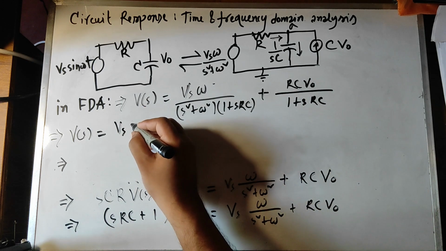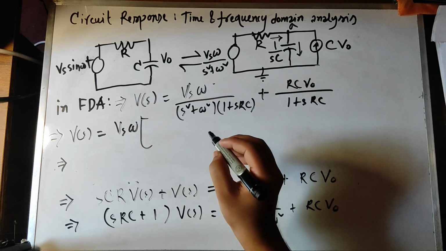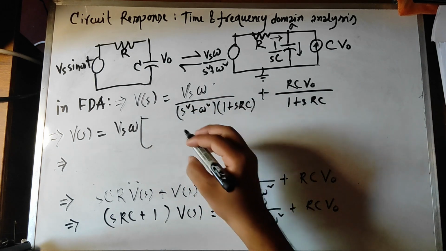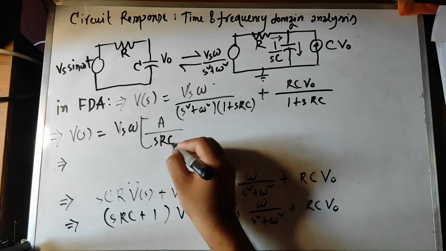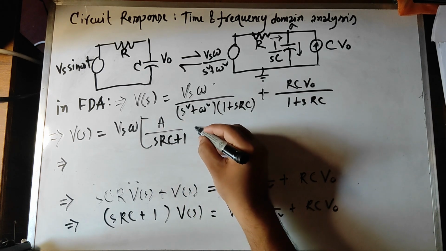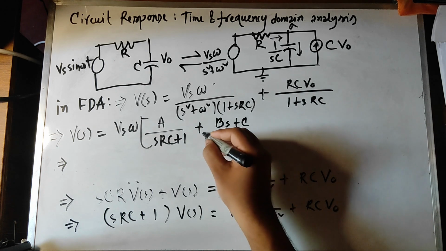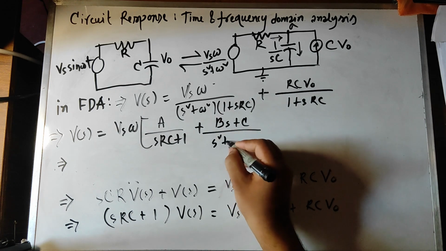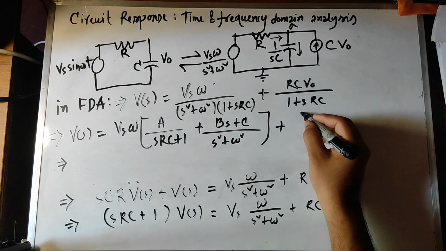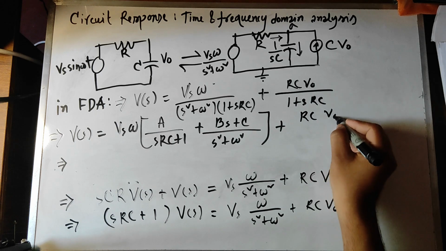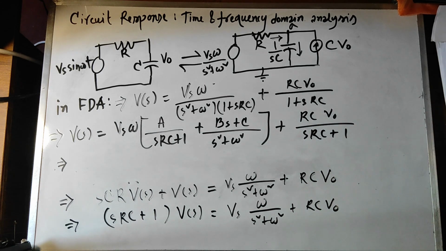So say the partial fraction is A by (sRC plus 1) plus (Bs plus C) by (s square plus omega square), plus RC Vo by (sRC plus 1).